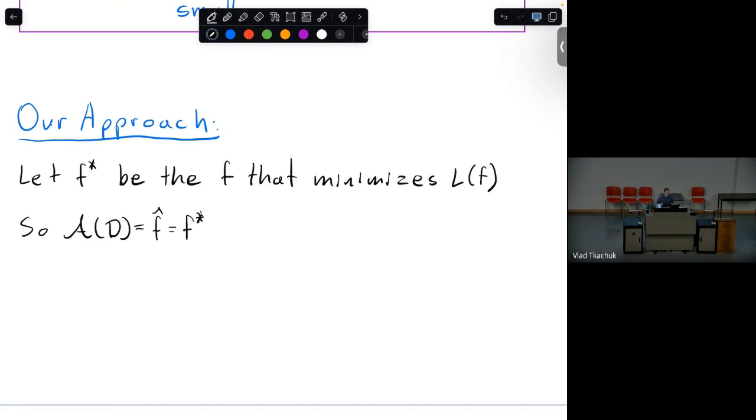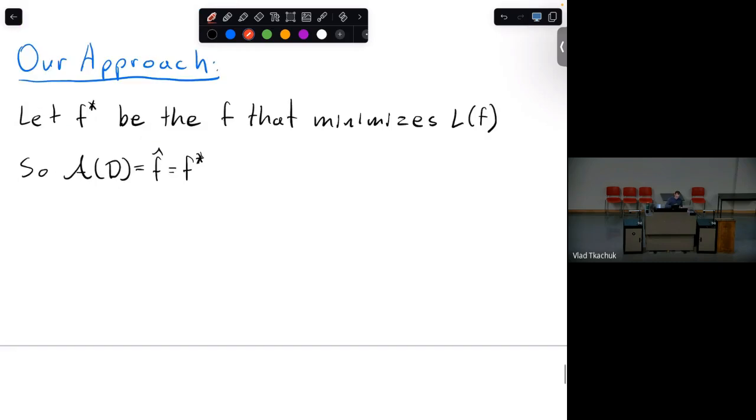But the problem is, so what's the problem? Well, the problem is we don't know what this expected loss is for any f. And why don't we know it?